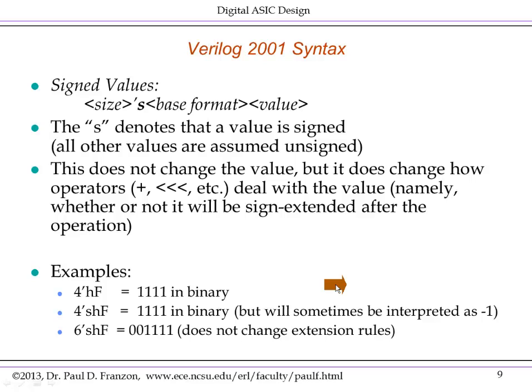In this case, it actually doesn't make any difference because this is a positive number in any case. So if you specifically want to have sign extension and things like that happen, and this mainly is in the arithmetic shift structures, then you need to use this s when specifying numbers.